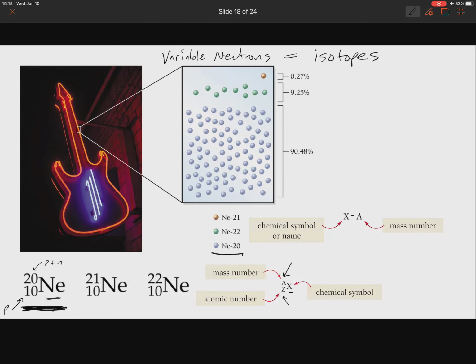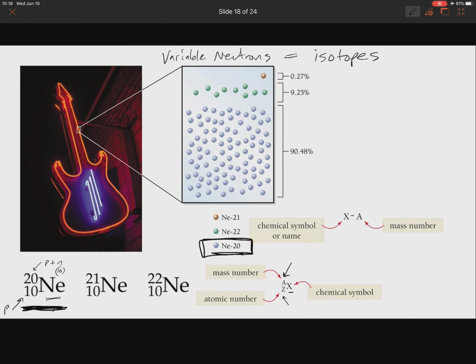And so what we get by looking at this is some simple math, right? 10 from 20 is just 10. So that tells us that the number of neutrons in Ne-20 is 10. Now, there's another version of showing that same information, and that's just writing it as Ne-20 like that.